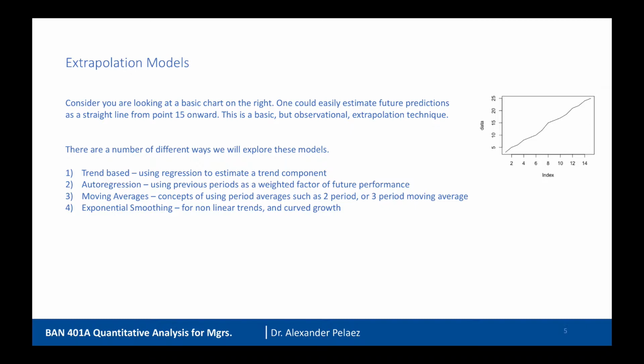It's basic and observational, but it is an extrapolation technique. There are many different ways that we can do this. We can do what's called trend-based, where we use regression to estimate just the trend component. Autoregression, where we use previous periods as a weighted factor of future performance. Moving average, which is a concept of using periodic averages, such as a 2-period, 3-period, 7, or 21-day moving average. And exponential smoothing for nonlinear trends and curved growth.